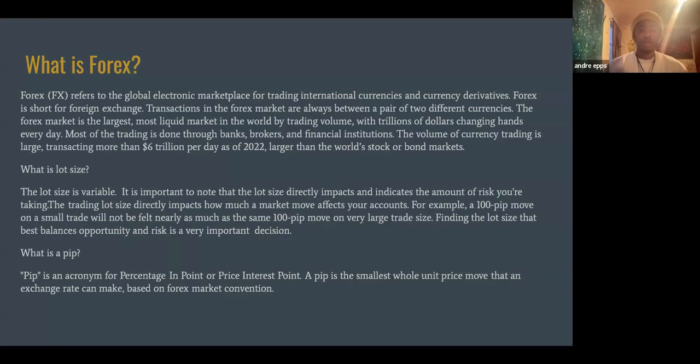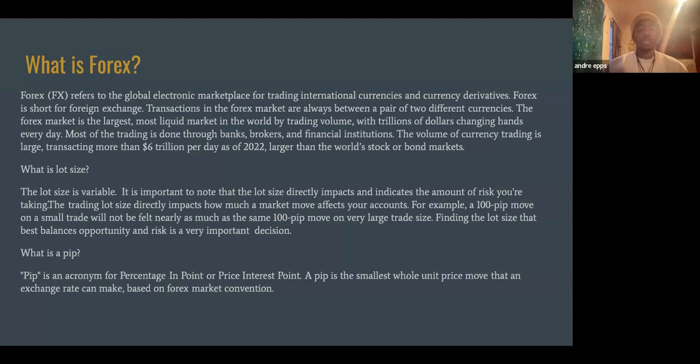The Forex market is the largest and most liquid market in the world by trading volume, with trillions of dollars changing hands every day. Most of the trading is done through banks, brokers, and financial institutions. So where we play into that is we go through brokers. Okay, so that's kind of like the middleman between the banks and the financial institutions. The volume of currency trading is more than 6 trillion per day as of 2022, larger than the world stock and bond markets.